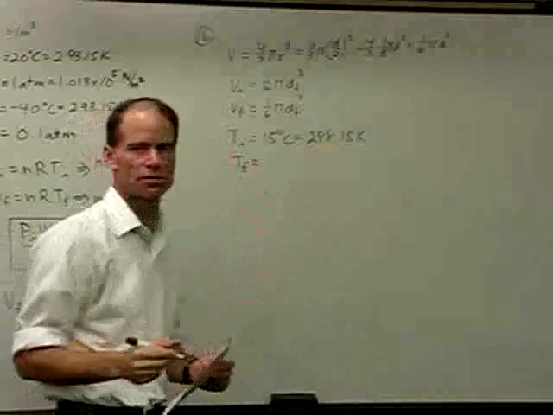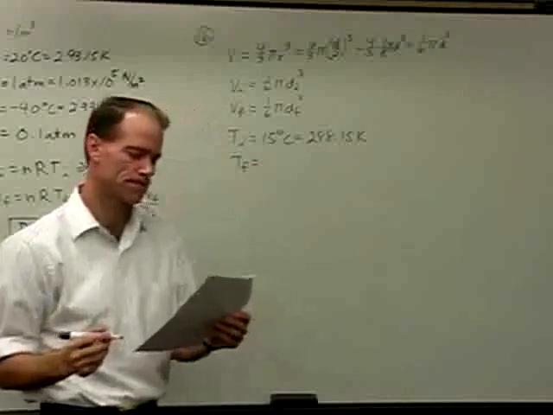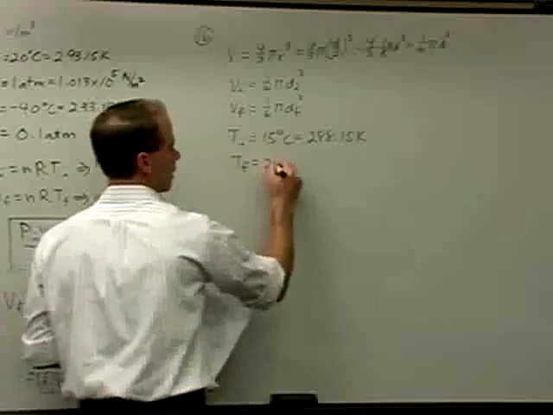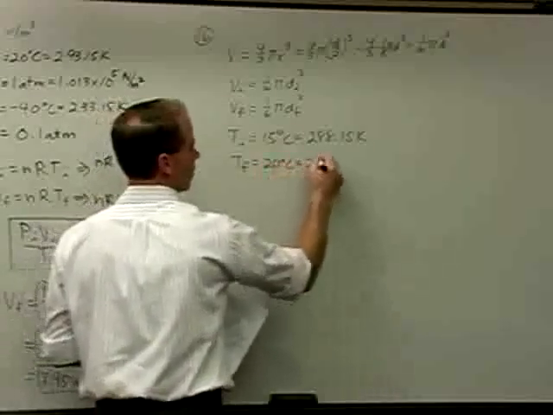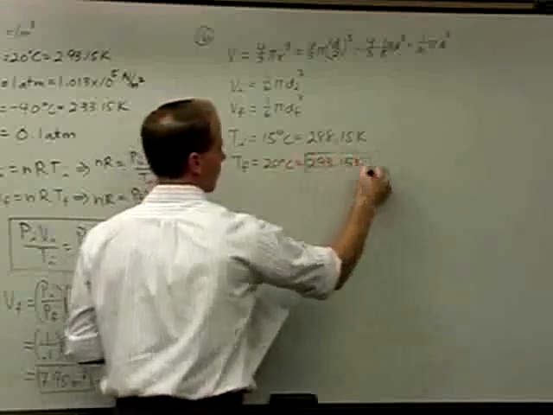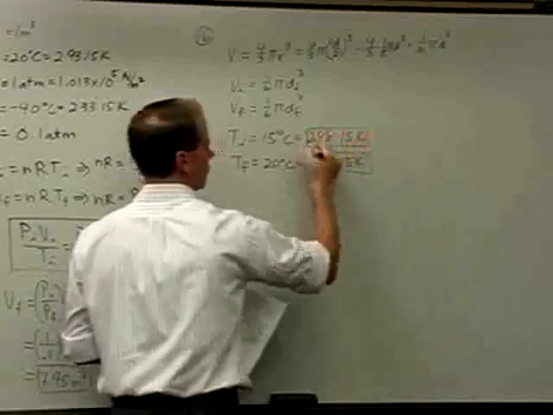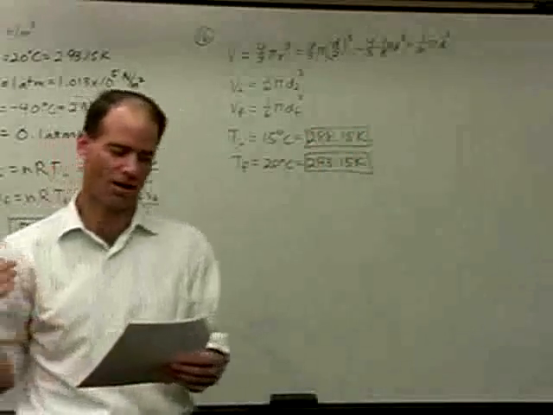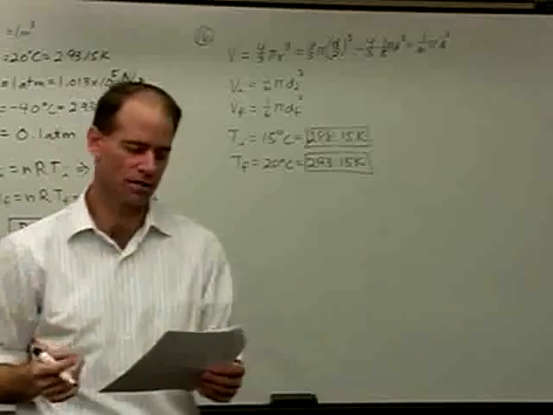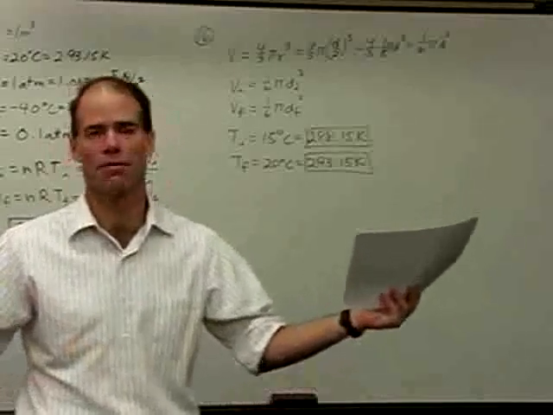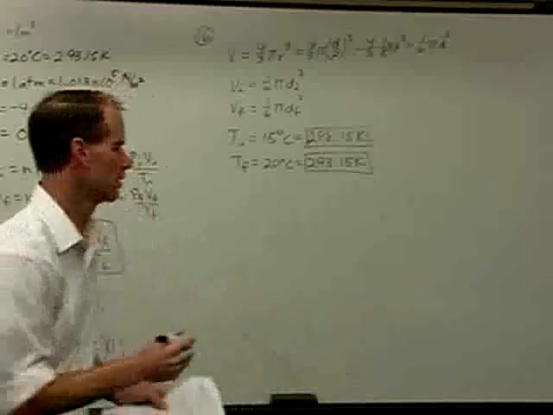Our final temperature was given as 20 degrees Celsius, and so we need to add 273.15 to that. So that is 293.15 Kelvin. So far, so good. Our final pressure is the pressure at the surface of the pool, which we assume to be the ambient pressure, 1 atmosphere.